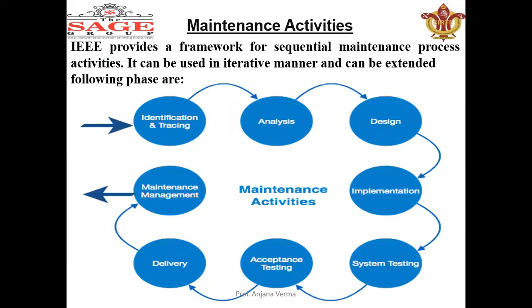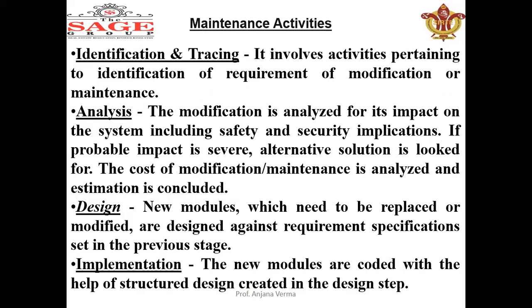Now, what are the maintenance activities? In this diagram, you can see the maintenance occurs in an iterative manner. First, you identify and track what should be maintained. Identify and track means the things that are actually required for the modification and updation. You identify this, you trace this.